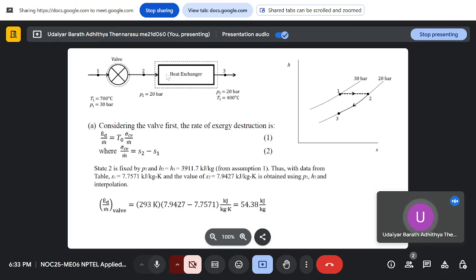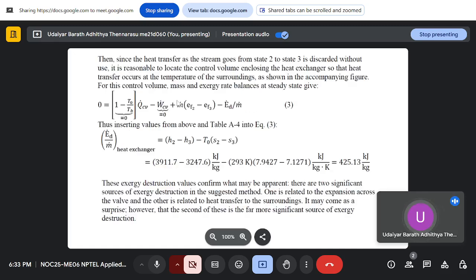So now we need to estimate the exergy destroyed across the heat exchanger. Since the heat transfer of the stream goes from state 2 to state 3 and it is not being used, there is a heat transfer, and we can equate it to the heat gained by the surrounding.